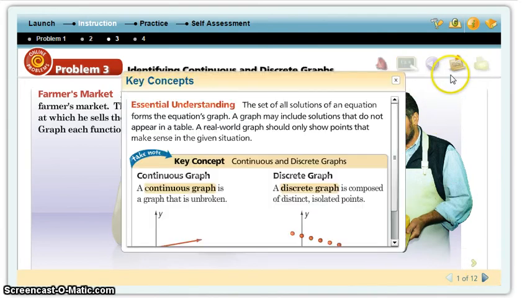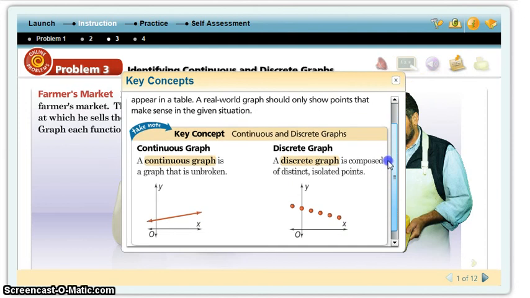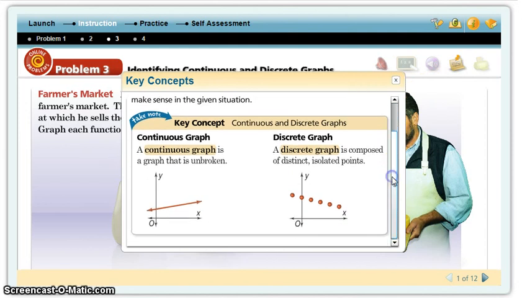Now I'm going to bring up the key concepts here about continuous and discrete, and I want you to jot these down and make sure you have these in your notes. A continuous graph, we've talked about this already. We discussed this when we brought in linear and nonlinear functions, and I wanted you to know when to connect the dots and when not to. A continuous graph is a graph that is unbroken. Basically, every number between 1 and 2, all the numbers are going to work.